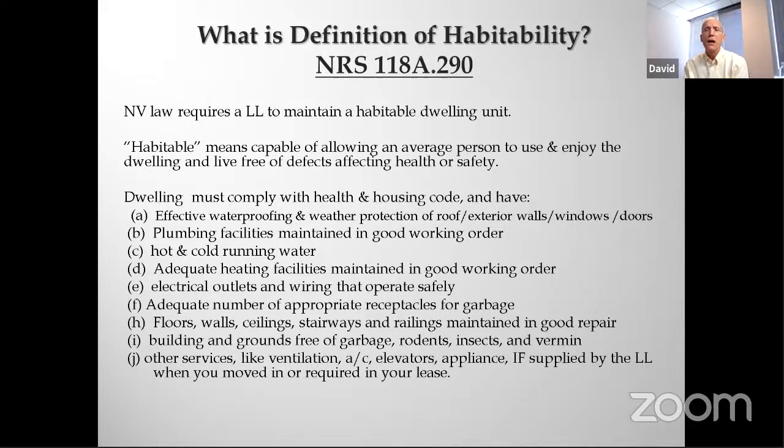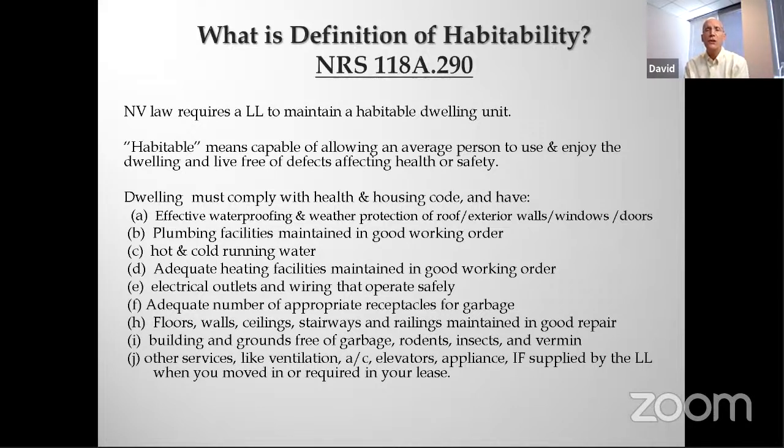The light socket might not be working. The railing on your stairs may be coming off. Those are some of the issues. And of course, some of the big ones are mold and pests, bed bugs, cockroaches, whatever. If you do have those problems, they are habitability problems.